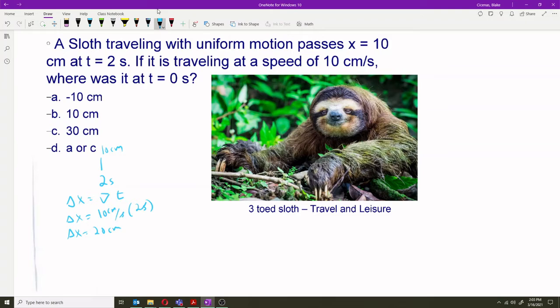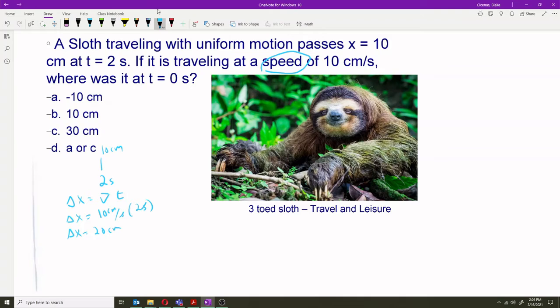Now, you would look at this, and your first instinct is to say, okay, well, 10 plus 20 is going to be 30. But here's the problem. It said the word speed. Its speed, as I mentioned earlier, is not a vector. Speed could be in any direction.